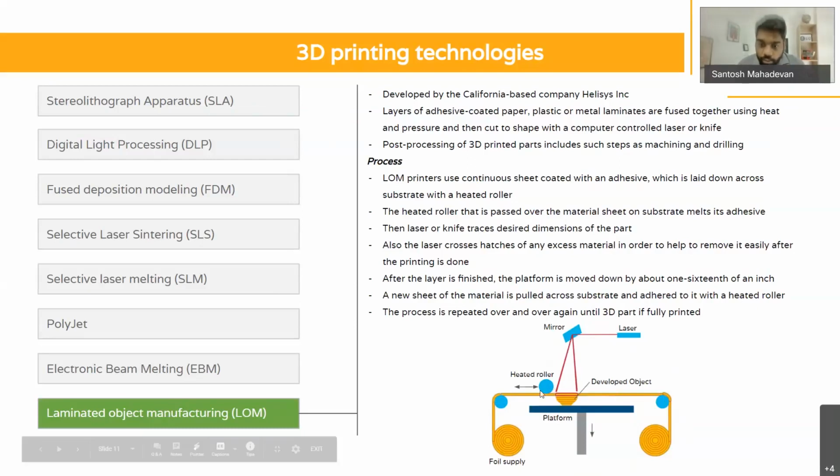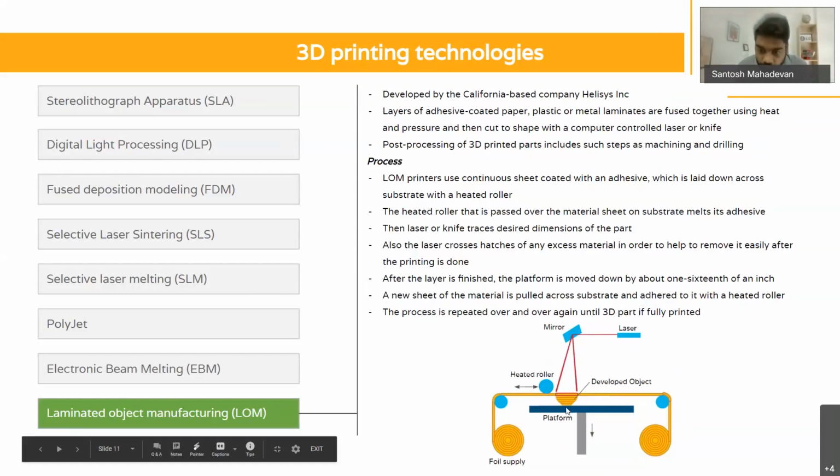The second job of the heated roller is to push the laminate. And the third and most important job of the roller is to heat the laminate and activate the adhesive that is there on the foil. Okay, the moment this adhesive is activated, wherever the adhesive touches the platform, it gets stuck.